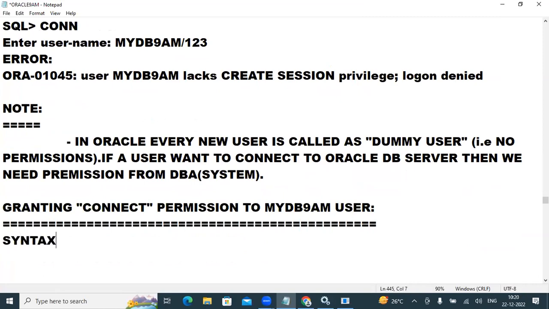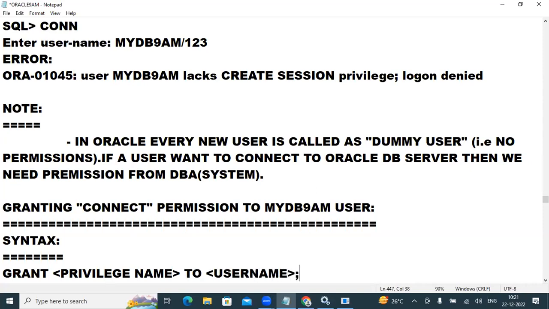What is the syntax for this? Here I'm using the GRANT command, but don't worry, all these commands we will discuss in the SQL language. And here I will give the privilege name. What does privilege mean? Privilege is nothing but permission. Then the username to which it should be given.